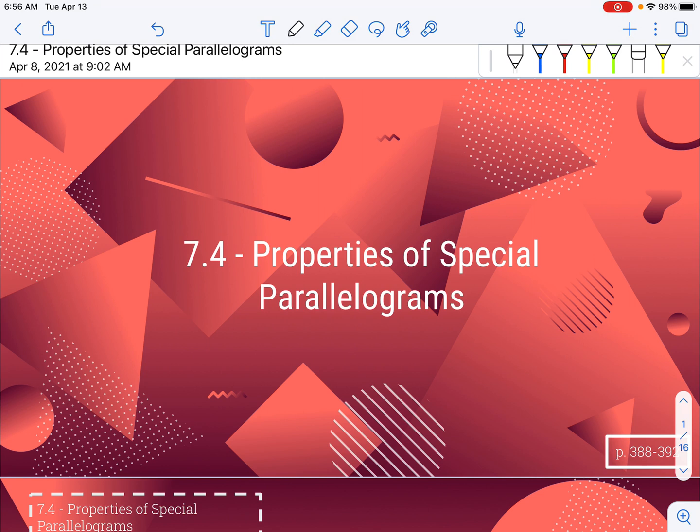Okay, looking at today, we're looking at lesson 7.4, which, if you remember all the way back to Thursday, we took the quiz on Thursday, and then we took the second half of class to break into groups and break up some of these corollaries and terms and things, and then to present them. We only got through the first three groups, but unfortunately, the second three groups will not be able to present.